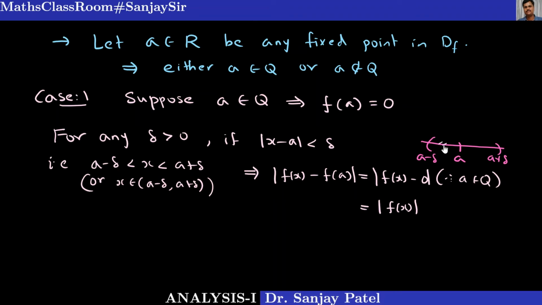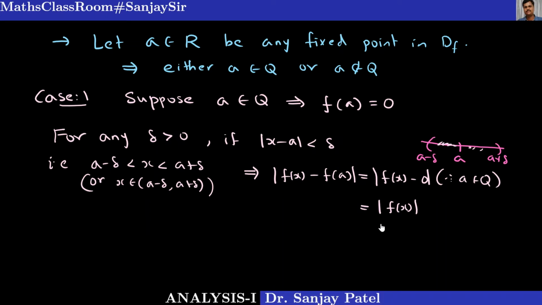any point here or here, so if I keep it fixed, you know there are infinitely many rational numbers and irrational numbers in any interval, whether it's an open interval or a closed interval. So this interval also contains infinitely many rationals and irrationals. I don't want to select a rational number at this place.